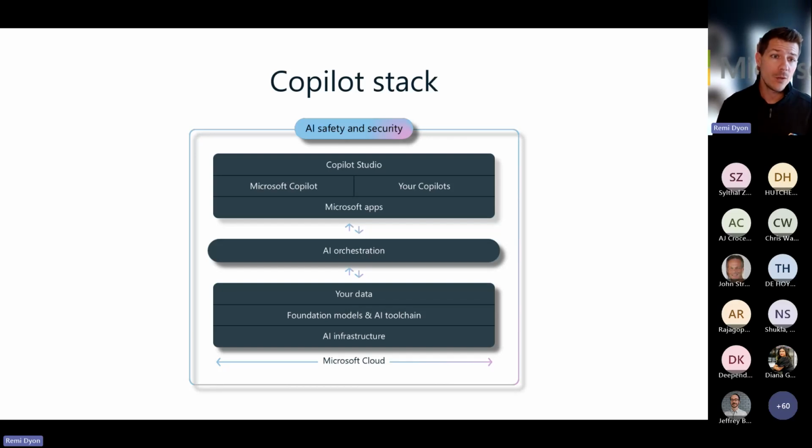When you use the Copilot stack, you use OpenAI in Azure. So it's a specific enterprise version of OpenAI that is designed around safety and security. So your data stays your data, nothing goes out of your tenant, and you are controlled by your enterprise-grade security.